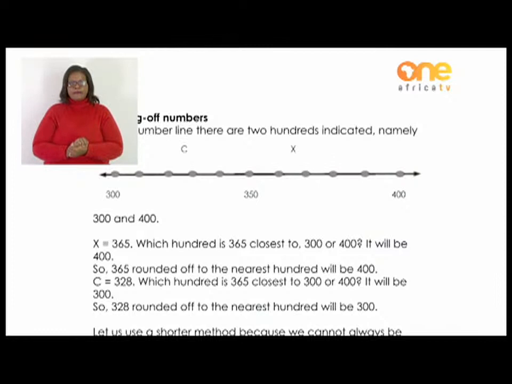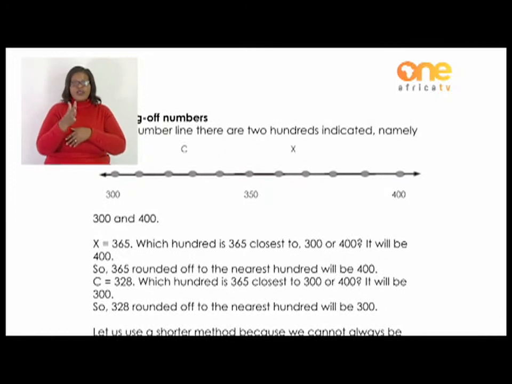Rounding of numbers. There is a number line drawn there to make the work much easier when it comes to rounding numbers. On this number line, there are two hundreds indicated, namely 300 and 400, and in the middle there is 350.